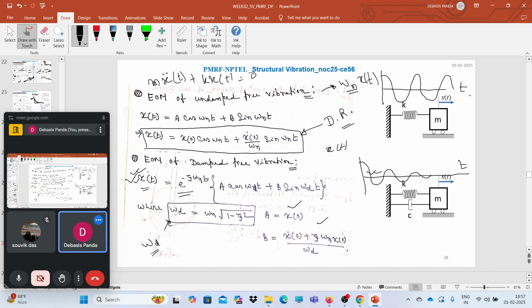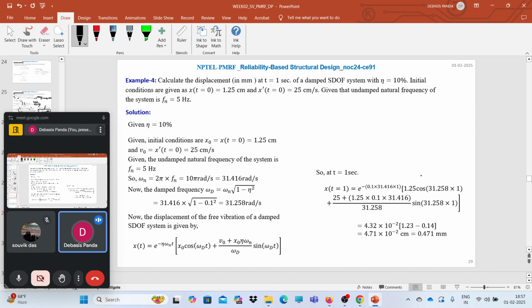This e to the power minus zeta omega n t will be the envelope of this decay, and from this envelope of the decay, using the concept of logarithmic decrement, we can also find the value of zeta from the free vibration test. Okay, so now we will solve some problems one by one.